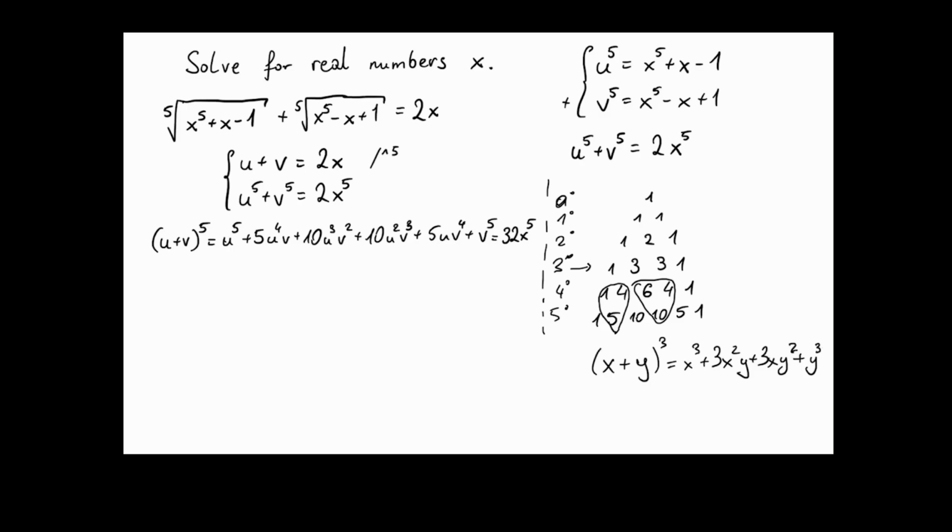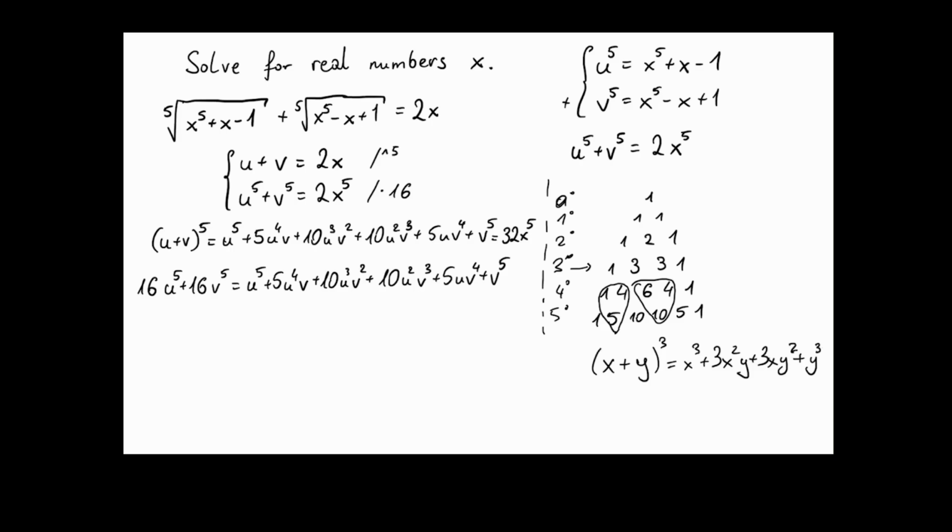So let us write an equation like this. Multiply this firstly by 16, so that we get 32x to the 5th power also here. And write it. 16 u to the 5th power plus 16 v to the 5th power equals.